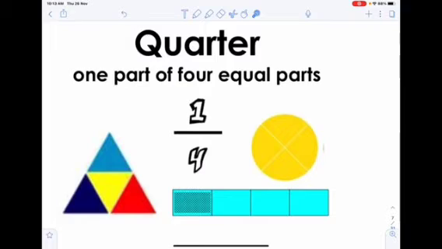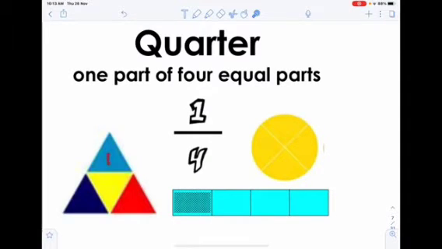Now moving on, quarter. 1 part of 4 equal parts is called a quarter. Here the whole one is divided into 4 equal parts, that is 1, 2, 3, 4. And out of that I am considering only one of them. So that is represented as 1 divided by 4 or 1/4 or a quarter.